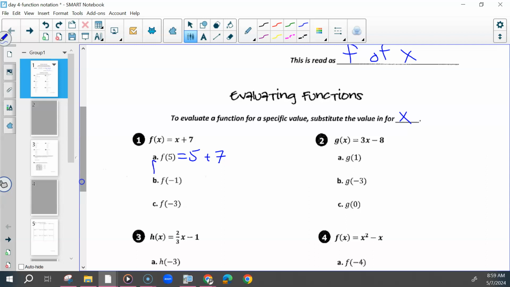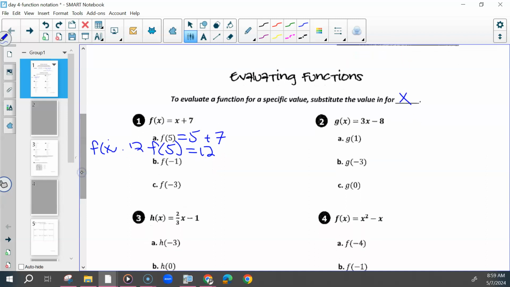So I would write that answer as f of 5 equals 12. That's saying when x is 5, y is 12. Or you could just write it as f of x equals 12, which would mean the y value is 12. So either way, you just have to be able to recognize it both ways.